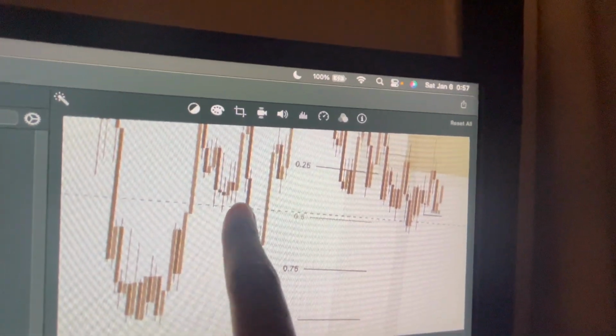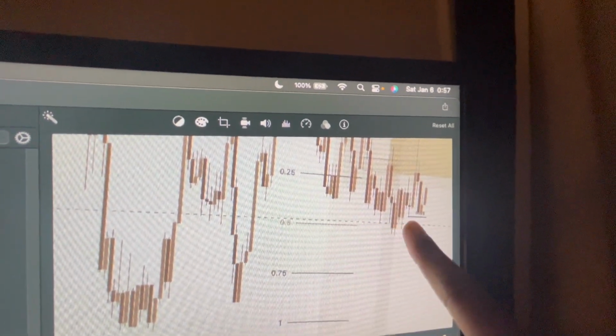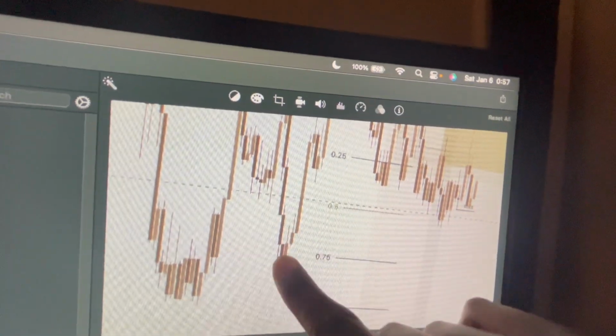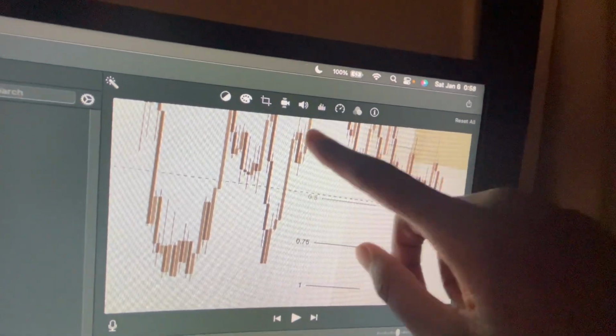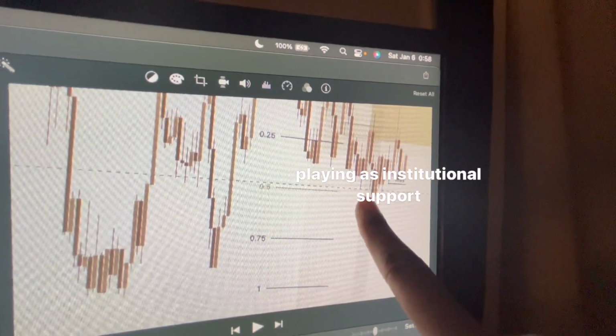There is this PD array that I'm seeing that really caught my eye, and that is this inverse imbalance right here. Price traced to the downside gives us an imbalance, then aggressively closed above it, and here we trade into it.